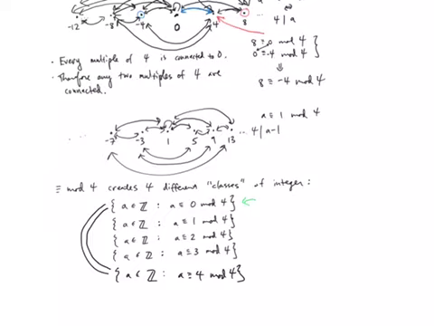Okay, so these are the 4 different classes that equivalence mod 4 breaks the integers up into. And so we can label this first class the equivalence class of 0.